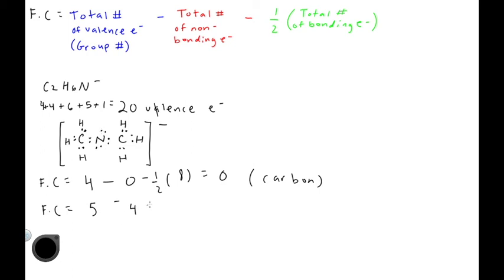And then we want to subtract 1/2 of the bonding electrons, which is 1/2 of 4. So we have 5 minus 4 minus 2, which is equal to -1. So the formal charge of nitrogen is going to be -1. Right, so now let's go ahead and add that negative sign to the top next to nitrogen, indicating that nitrogen has a formal charge of -1.